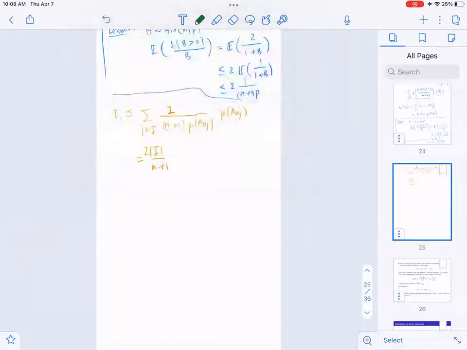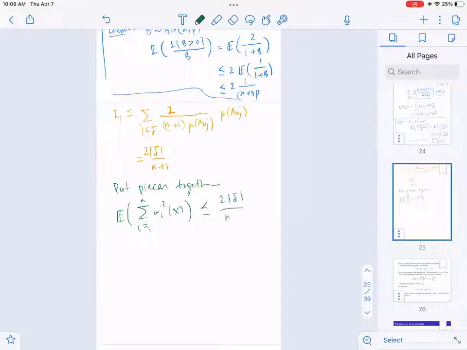So putting the pieces together, we get that the expectation of the sum over i from 1 to n of w_i squared(x) is bounded by 2|J|/(n plus 1) plus the probability of x not in B, or x in B complement.